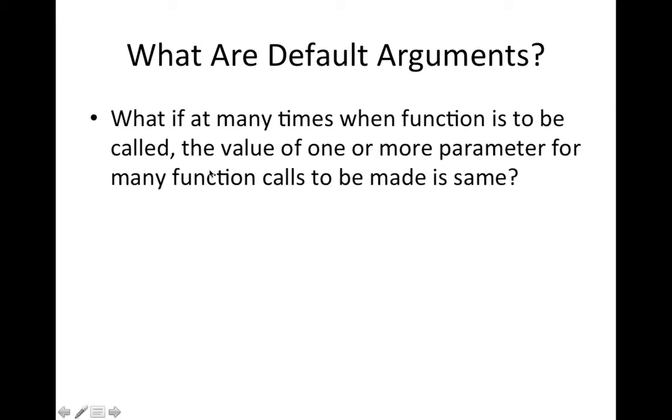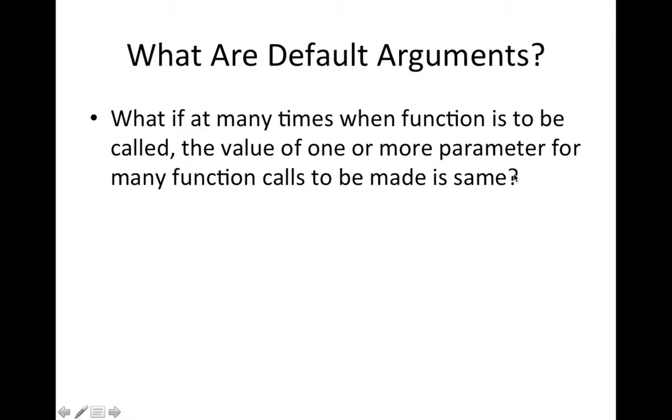What if many times when a function is to be called, the value of 1 or more parameters for the many function calls we are going to make is the same? Example of that, let's say GPA.